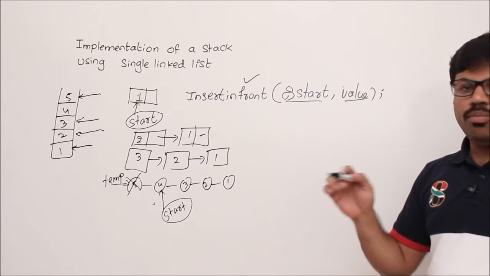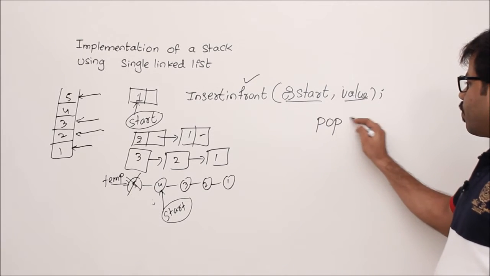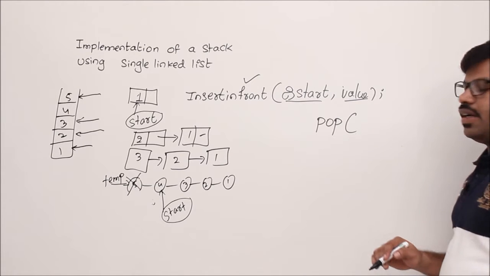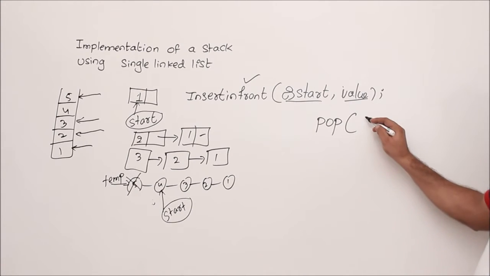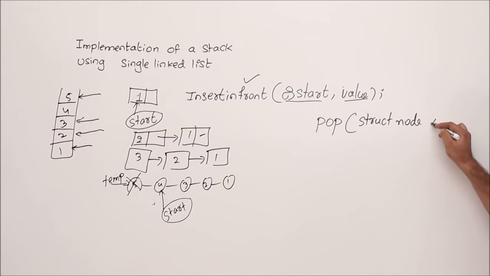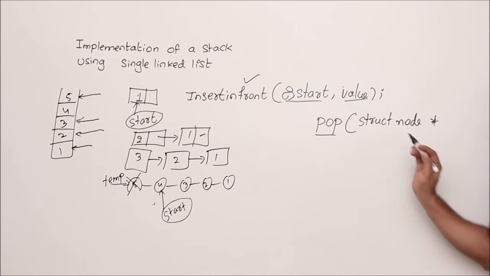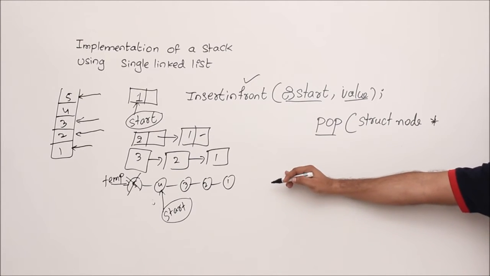Now we'll see how to implement pop, which is nothing but deleting the data, right? So I write struct node pointer. Let's say, what is my expectation? Someone has to give the starting node of the linked list, correct?